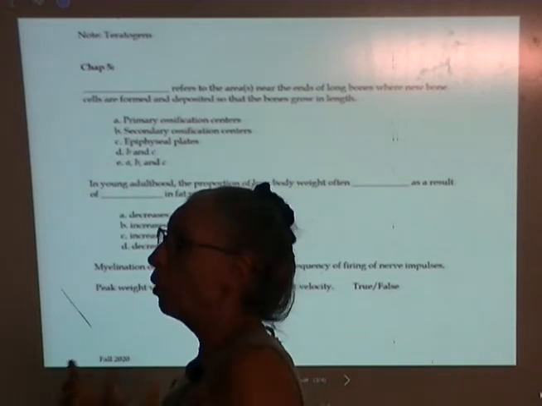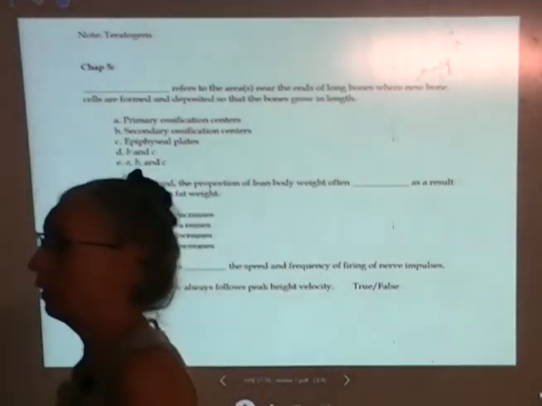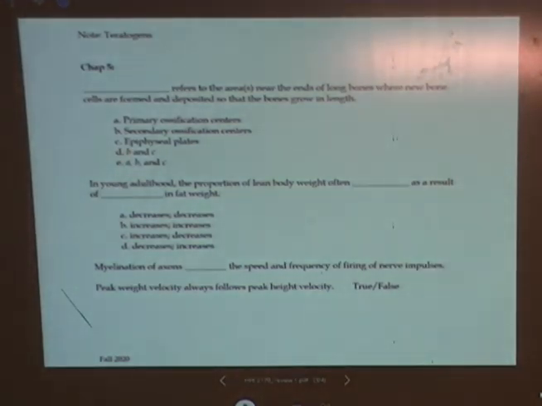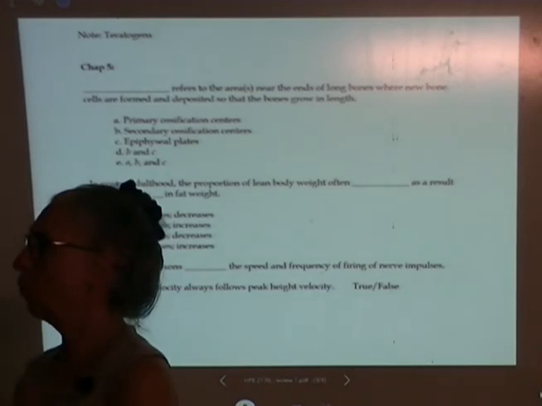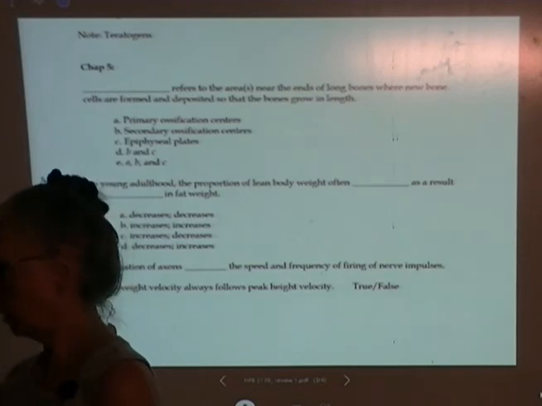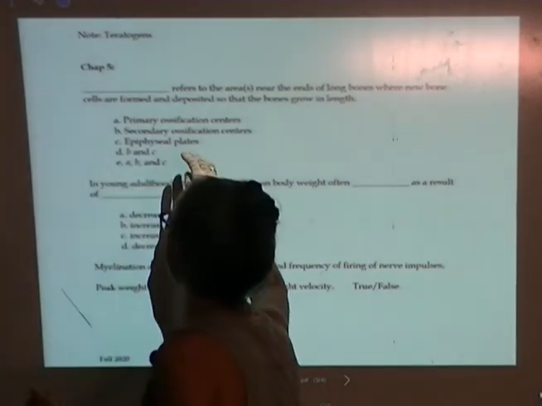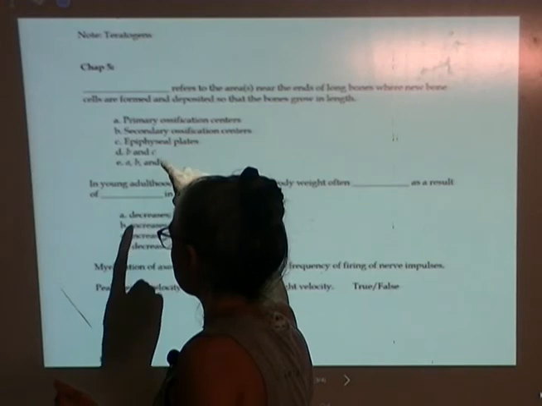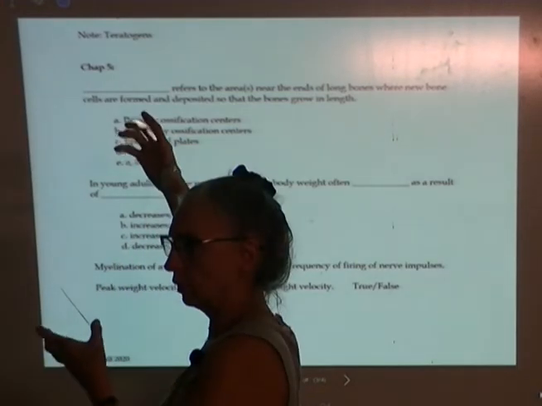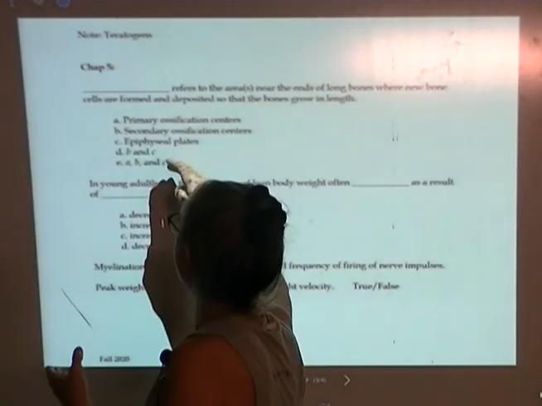All right? One of the things you can do with multiple choice, if you're faced with a question and you're not sure of the answer, a good way to tackle that is to cross out the answers it cannot be, right? So this is a good point on this question, right?